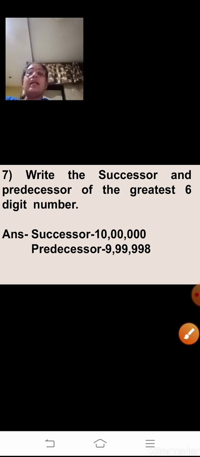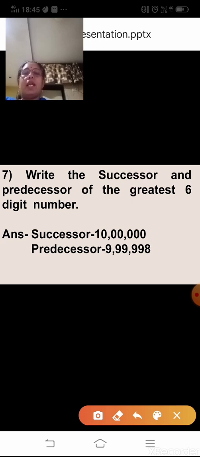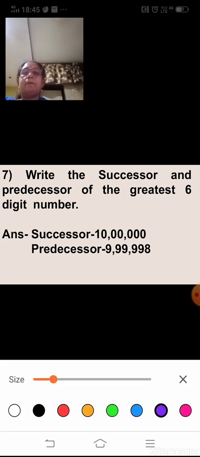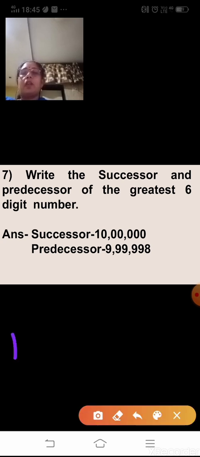Write the successor and predecessor of the greatest 6-digit number. Now what is the greatest 6-digit number?